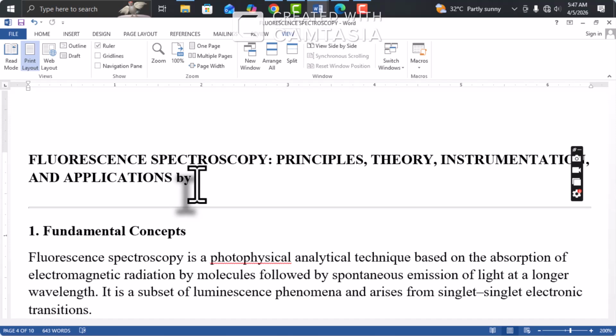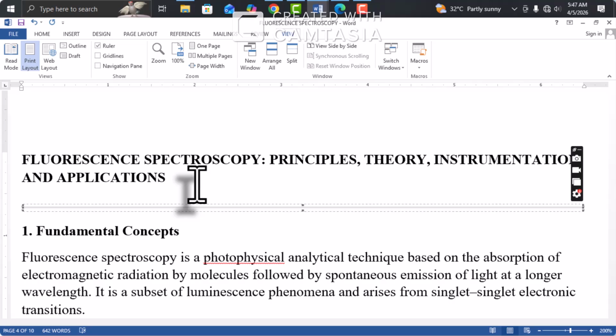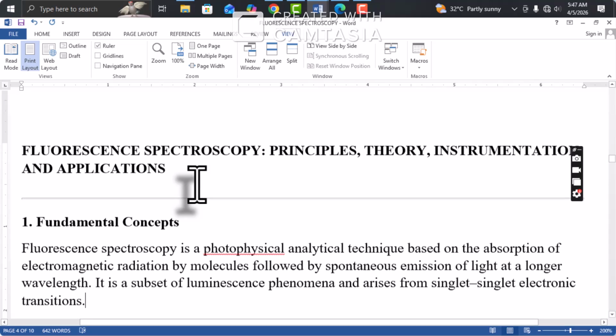That is what you're looking at. The principles, the theory, the instrumentation, and the applications are the things I'll be considering in this lecture. So that brings us to what we call the fundamental concepts.